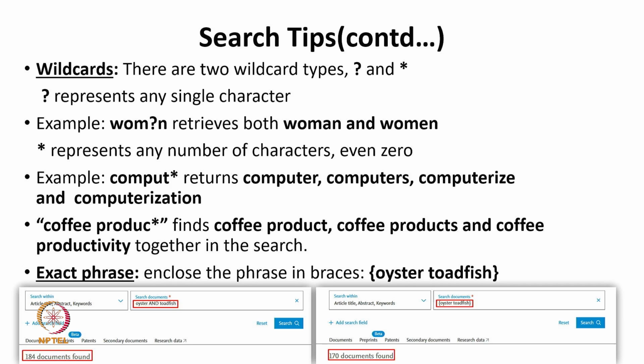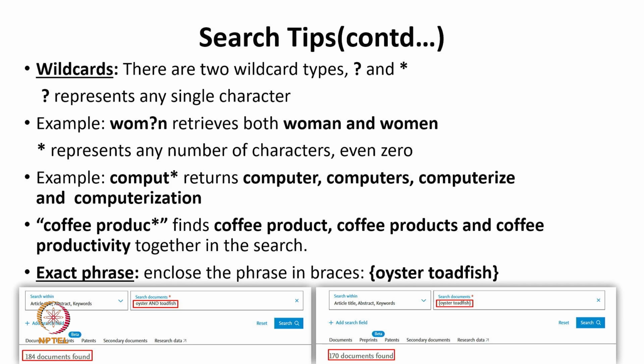There are two types of wildcards. Question mark will represent a single character. For example, wom?n will retrieve both WOMAN and WOMEN. And for representing any number of characters, even zero, one can use the asterisk.